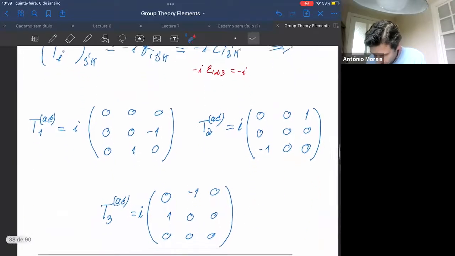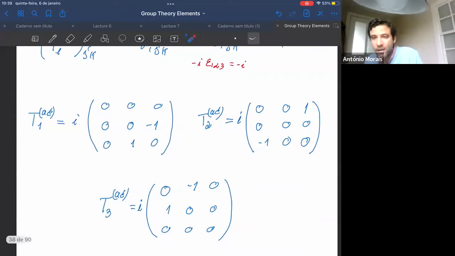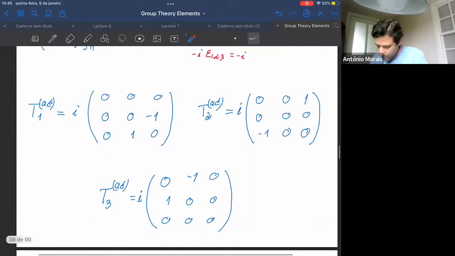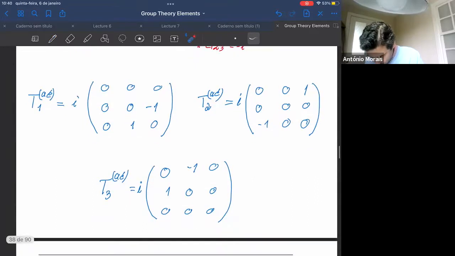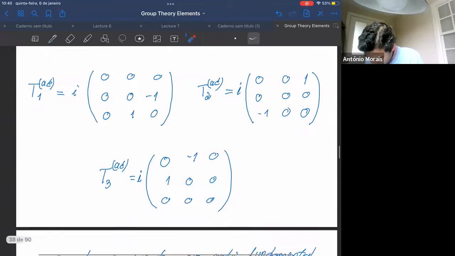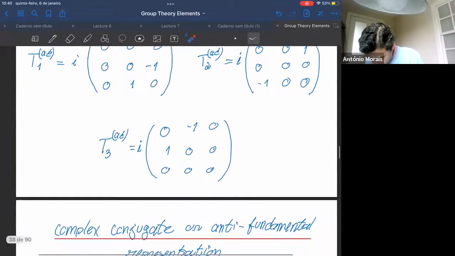And from this definition, the generators of the symmetry expressed in the adjoint representation are given in this way, as you can see here. So T1, T2, and T3 are given here. Right.